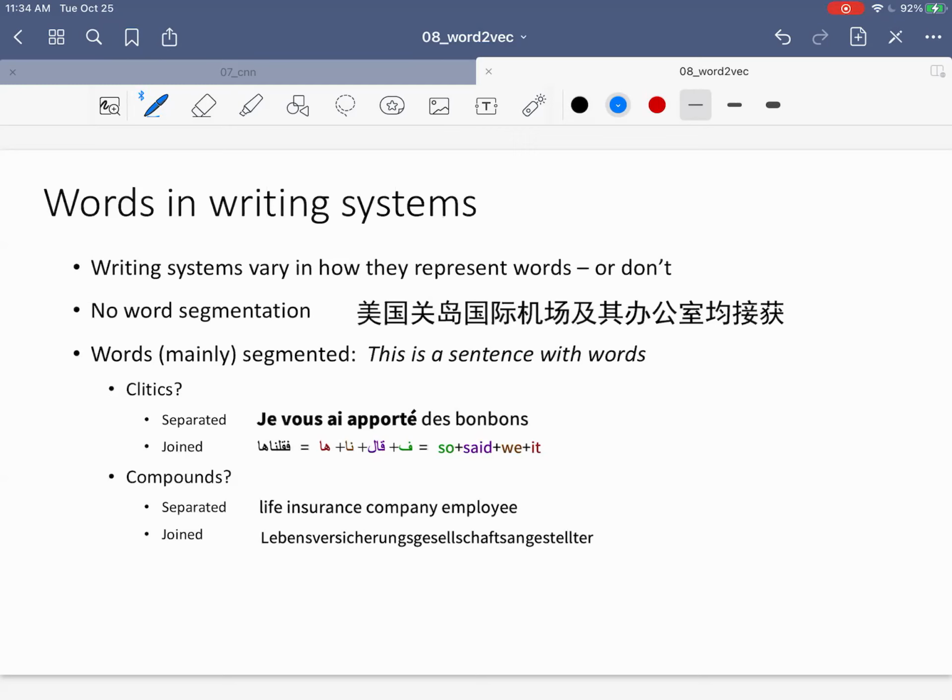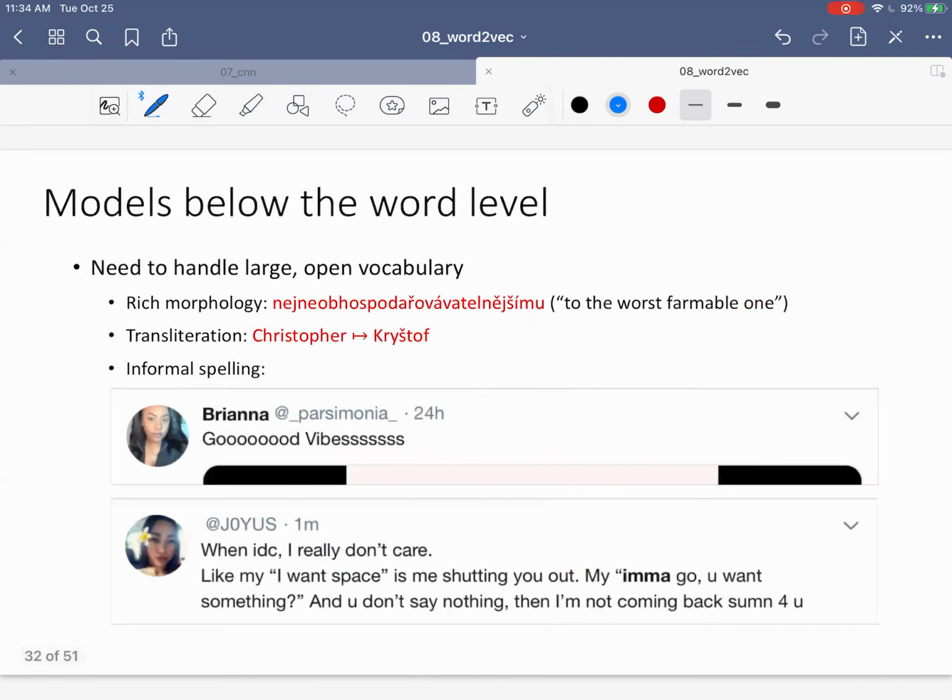Because if you base your service on words, then new words always come along, like good vibes, or I don't care, I'm for you. Language evolves over time. So if you base every single service on words, then your service will be out of date pretty soon, especially in the fast changing world we live in.